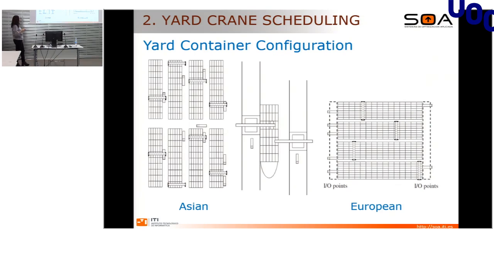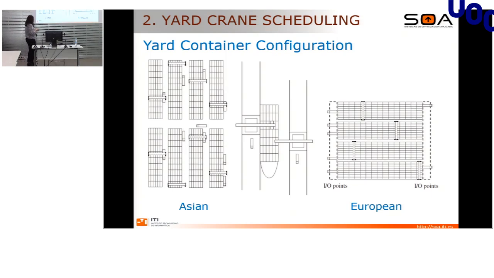Each rectangle is a block of containers. The main difference is that in the Asian configuration, trucks can travel among the blocks. So they can stop and the crane delivers or picks the container up from or to the truck.